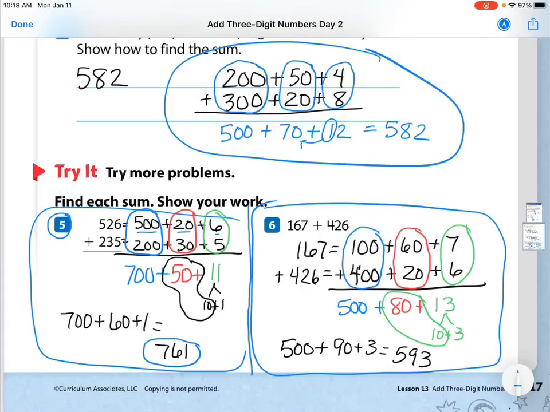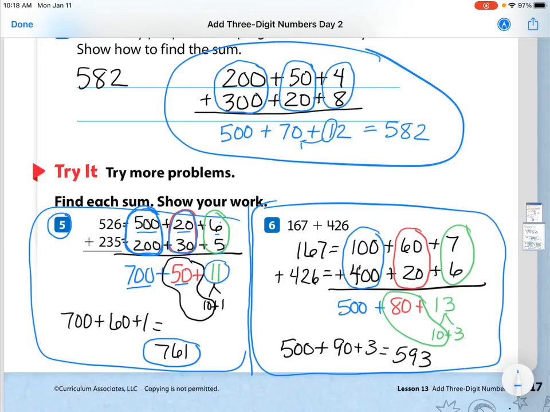And 235 is the same as 200 plus 30 plus 5. So in the blue, I added the hundreds place first. 500 plus 200 is 700. In the red, I added the tens place, 20 plus 30, which got me 50. And then in the green, I added the ones place, 6 plus 5 equals 11.